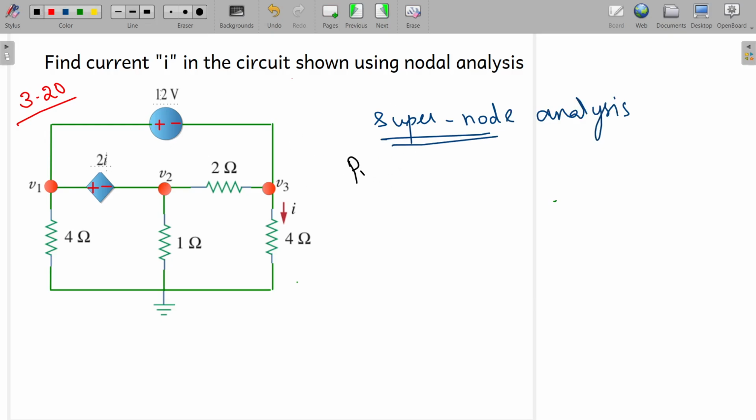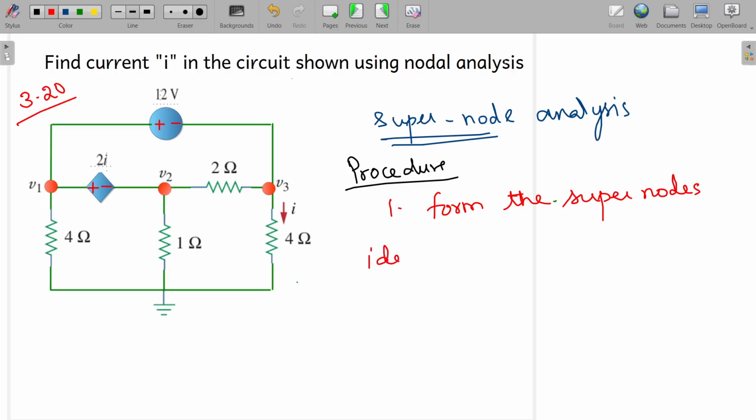So what is the procedure for solving this? The first step is to form the supernode, or supernodes. Forming the supernode involves some more procedures. How do you identify the supernode? In order to form the supernode, you have to identify it. So this is your reference node or the ground.